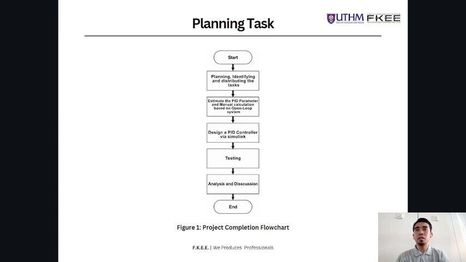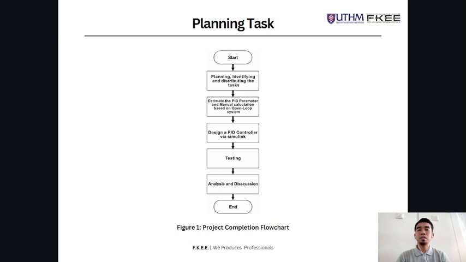And then the next slide explains the project completion flowchart. First, of course, we start this project, and then go to planning, identifying, and distributing the tasks between the members in the group itself. The next one is to estimate the PID parameters and manual calculations based on the open loop system that we built for the first time.